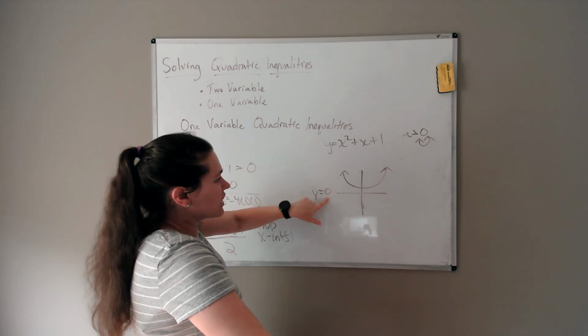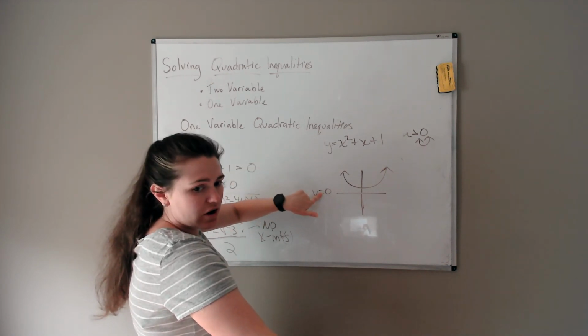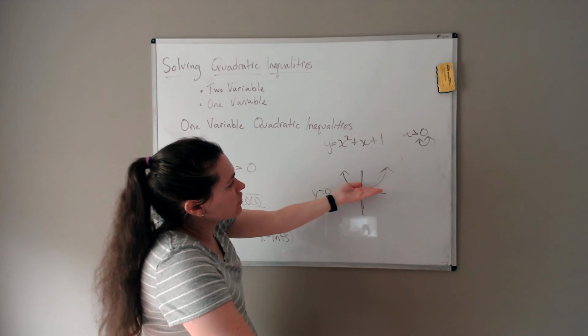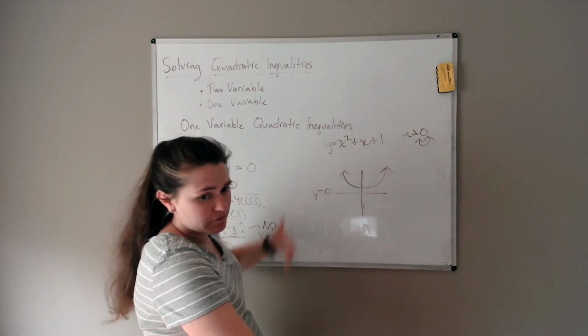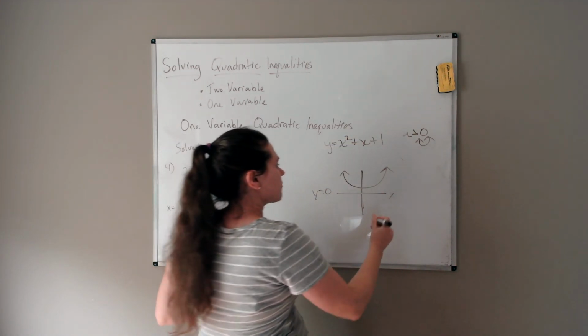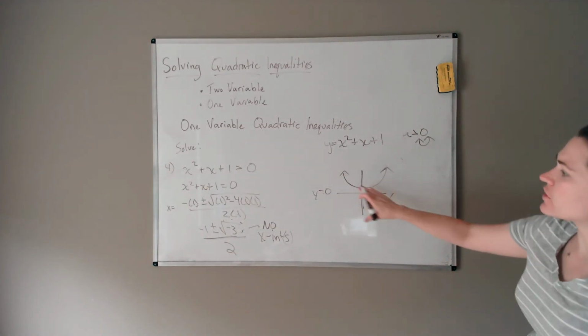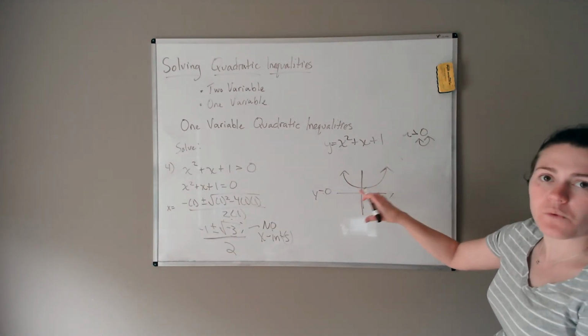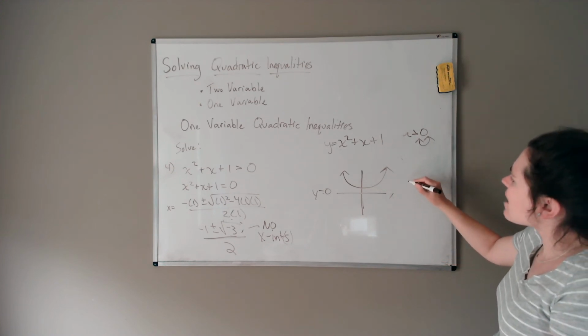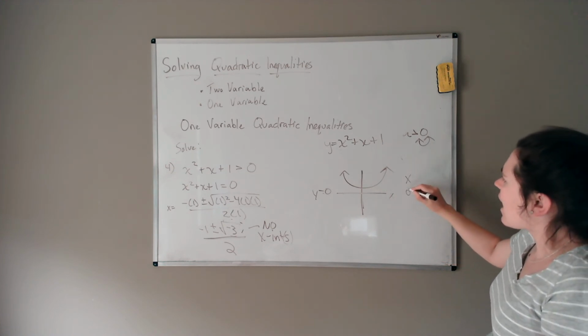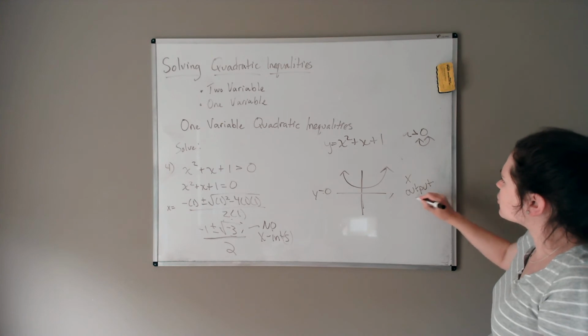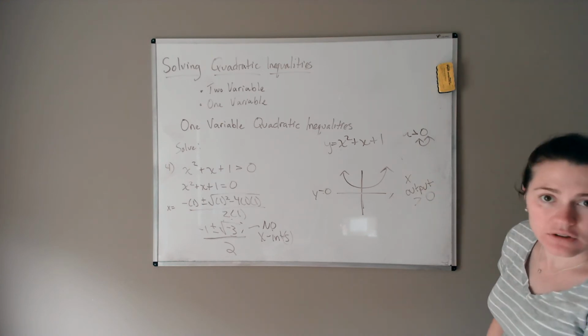So it's never going to touch the line y equals 0, and every single piece of the quadratic is above. That means every single x value has an output that's greater than 0.